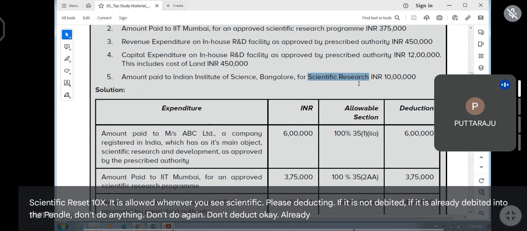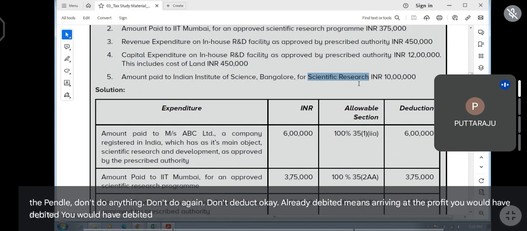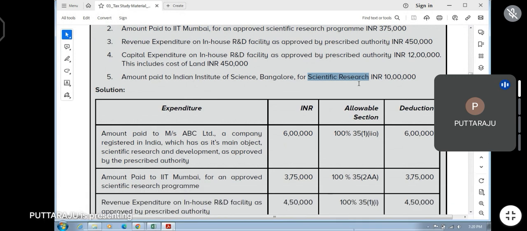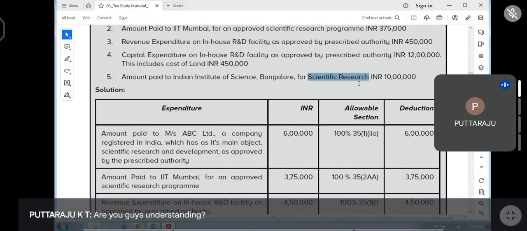Already debited means, in arriving at the profit, you would have debited, so it is deducted. If it is given in the adjustment, not debited to the P&L, then only you need to deduct. Are you guys understanding the process?